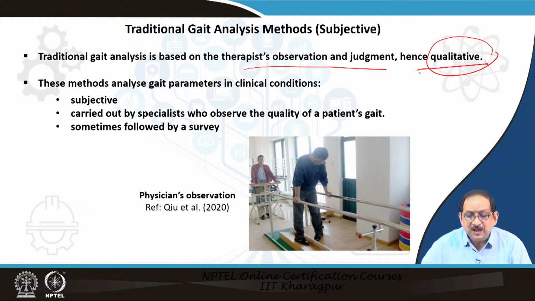These methods analyze gait parameters in clinical conditions. So, it is a subjective observation. It is carried out by specialists who observe the quality of a patient's gait as indicated in the figure, and it is sometimes followed by a survey.